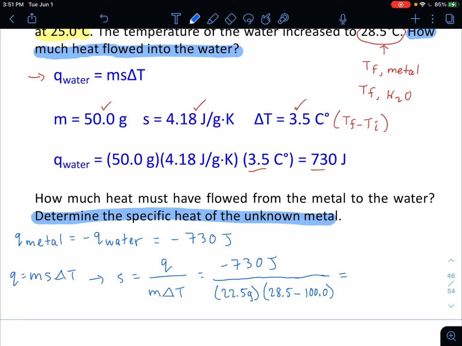So it'll be 0.4537, so just 0.45 would be 2 significant figures. Then the 5 is our cutoff number since 730 only has 2 significant figures, so then my answer will just be 0.45 joules per gram per Celsius degree.